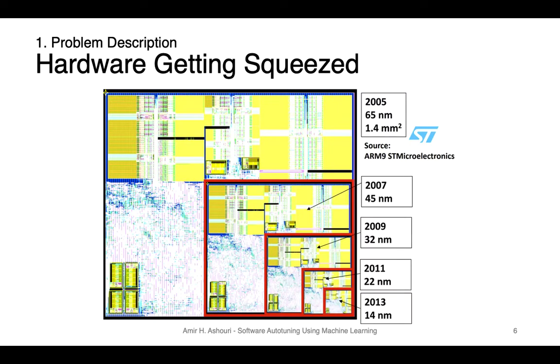surrounding us. On the other hand, due to Dennard scaling and also Moore's law, I'm not going to talk about the end of the scaling of Moore's law and also the dark silicon era. But in general, we see a trend, for instance, in the case of ST Microelectronics, that the hardware is getting squeezed every year. Starting from 2005 up to 2013, you see that they've gone from 65 nanometers up to 14.